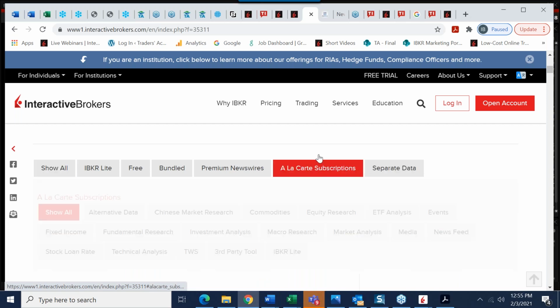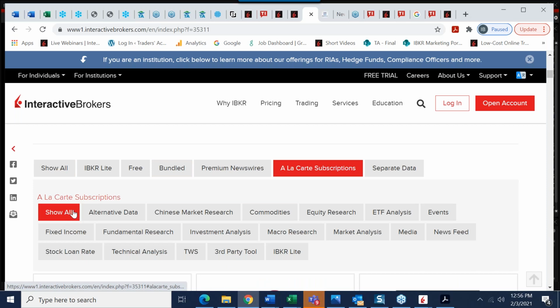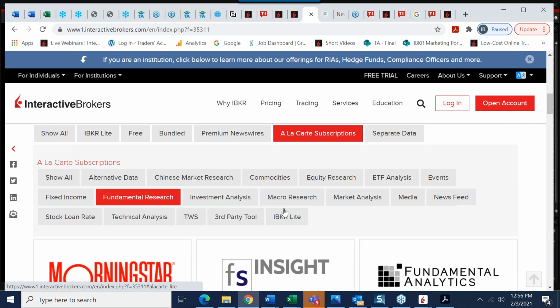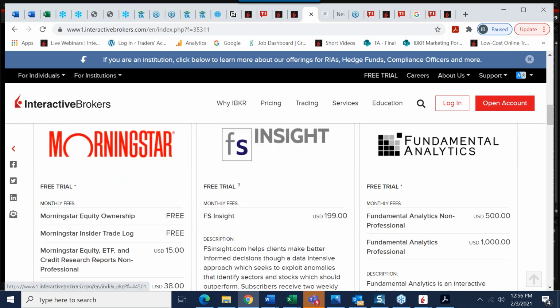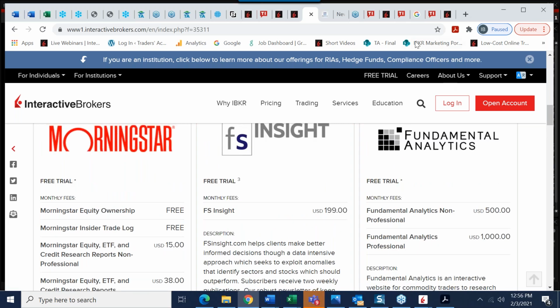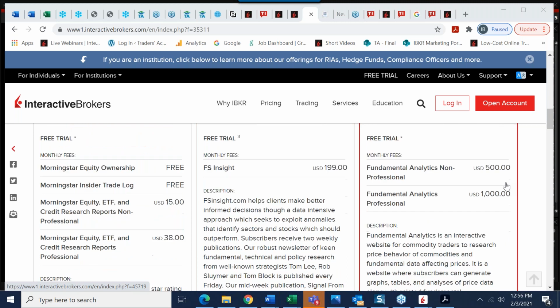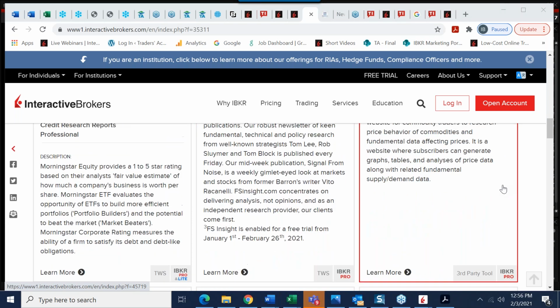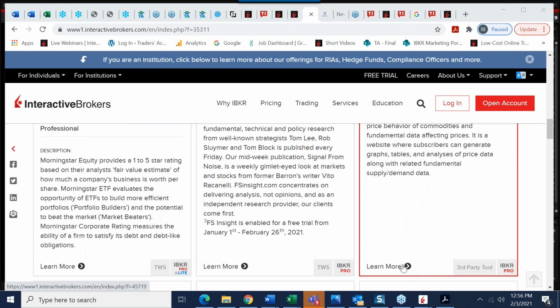I'm going to click on a la carte subscriptions, and when you show all, it's positioned under fundamental research. Then if I scroll down, you'll see right there Fundamental Analytics, which explains the fee structure and has a link to learn more.